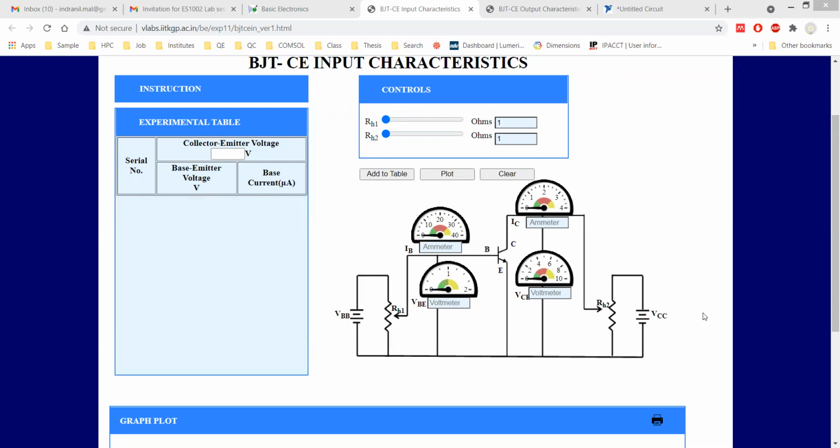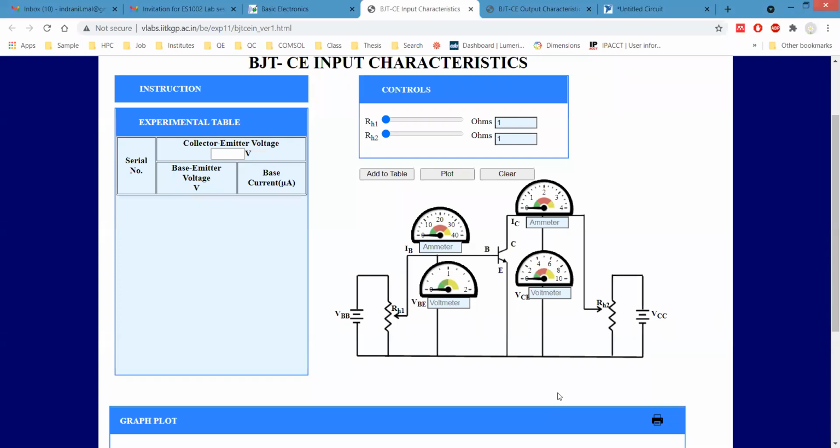Anyone else? What kind of transistor is it? NPN or PNP? NPN. Okay. So only 2 people are online. Okay. No issue.